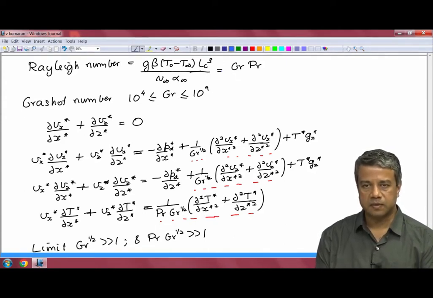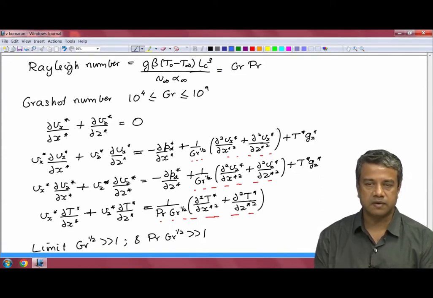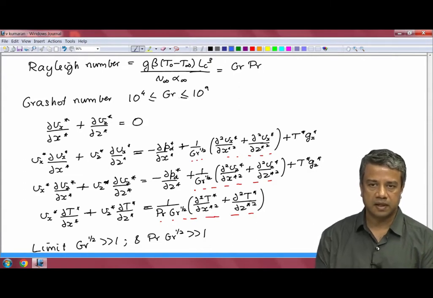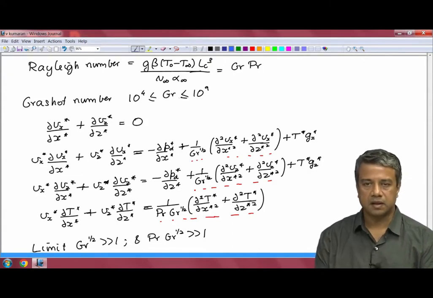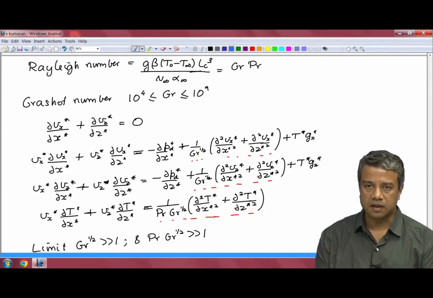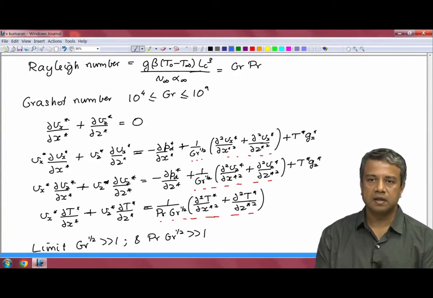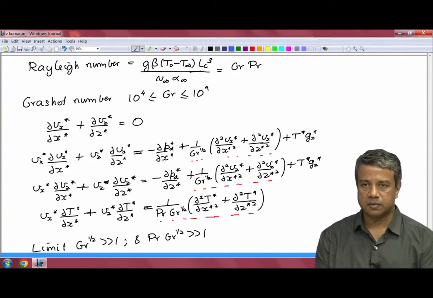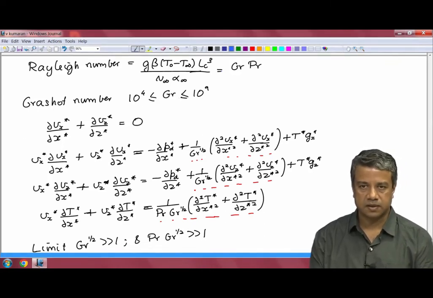Similarly, when the Grashof number to the half times the Prandtl number, which will be a Peclet number based upon the thermal diffusivity and the characteristic flow velocity, is large, thermal convection is large compared to thermal diffusion over length scale comparable to the characteristic length. Okay. However, if you neglect diffusion altogether, the boundary conditions cannot be satisfied, because transport perpendicular to the surface can take place only due to diffusion. There is no convection perpendicular to the surface.